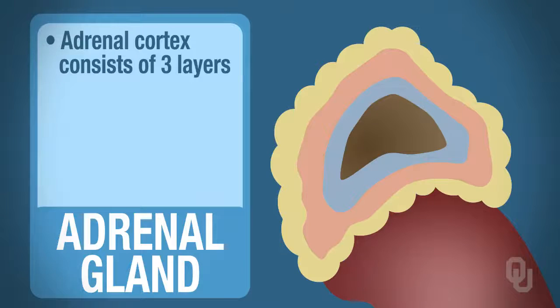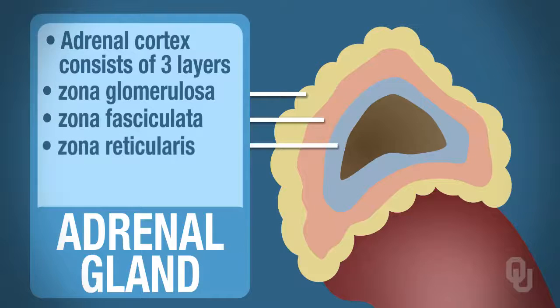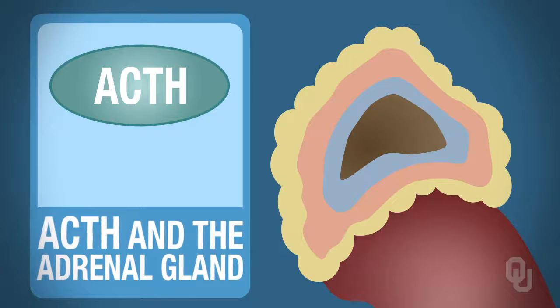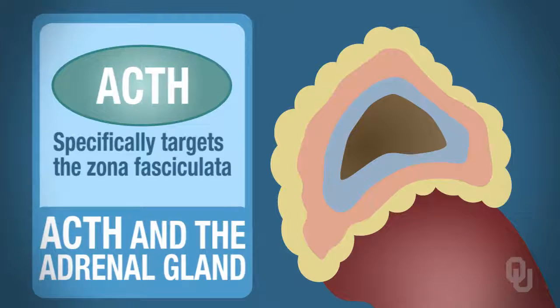The outermost layer is the zona glomerulosa. The middle layer is called the zona fasciculata. And the innermost layer of the cortex is called the zona reticularis. Now, adrenocorticotropic hormone, ACTH, when it targets the adrenal glands, it specifically will target the zona fasciculata.